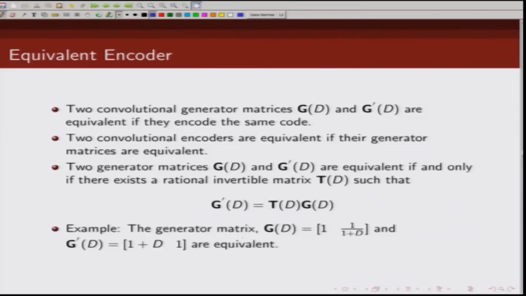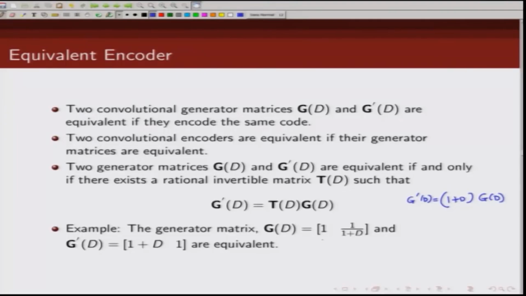So, let us take an example. This G(D) is 1, 1 by 1 plus D, and G'(D), which is 1 plus D, 1, these are equivalent encoders, because we can write G'(D) as 1 plus D times G(D).